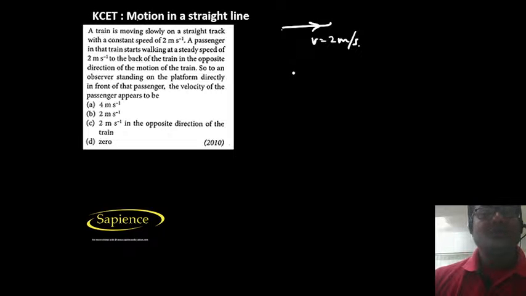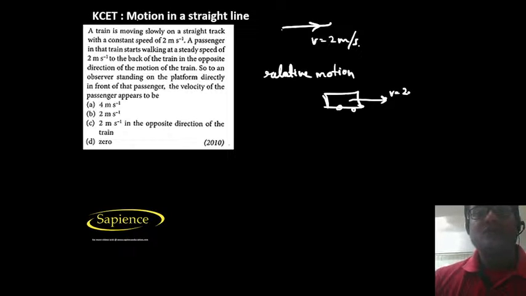So here it is based on the concept of relative velocity, relative motion. The train is moving with a speed of 2 meter per second, that is the velocity of the train, v1 suppose, and one passenger is also traveling with the speed v2 equal to 2 meter per second, but in the opposite direction to the motion of the train.